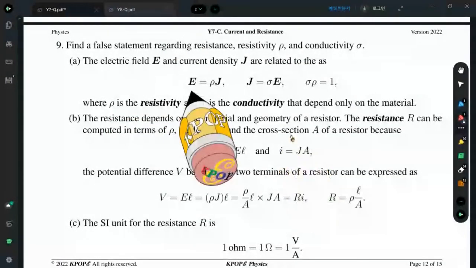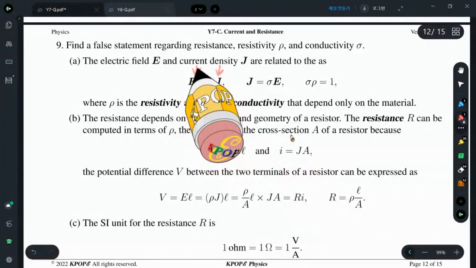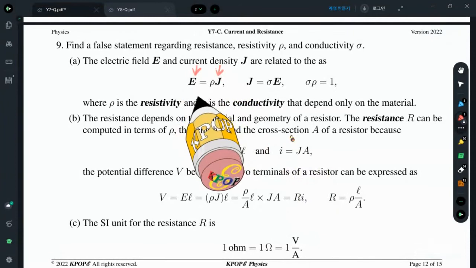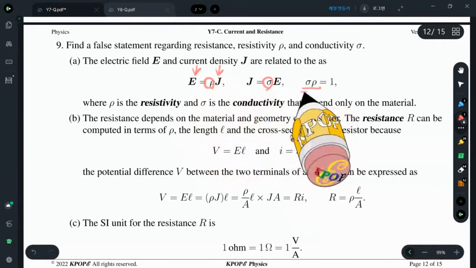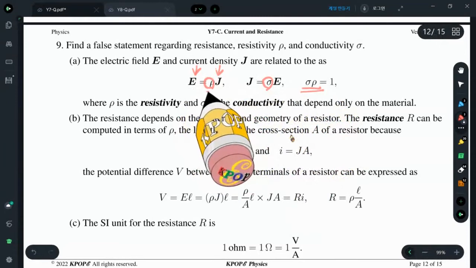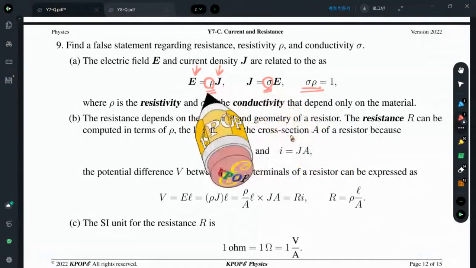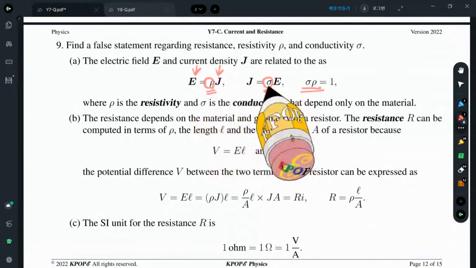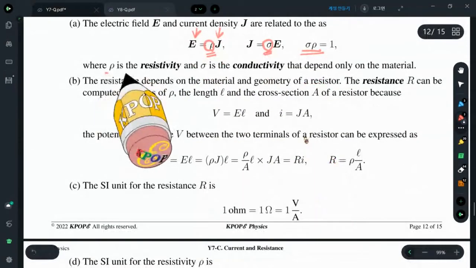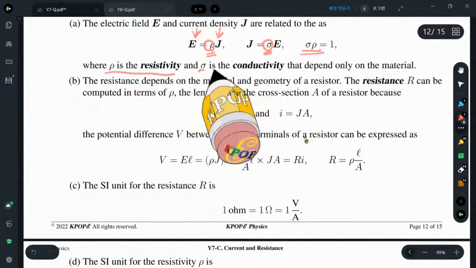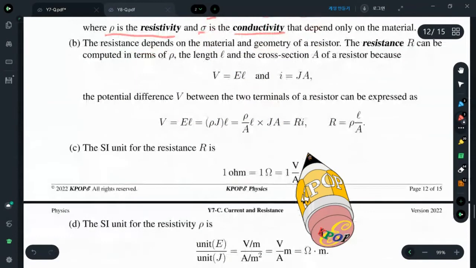So there is a proportionality. Current density is proportional to the external electric field. These two are mutually reciprocal. Sometimes we need this, sometimes we need this, but they mean the same thing in a different way. So this one, rho, is called the resistivity, and sigma is called the conductivity.